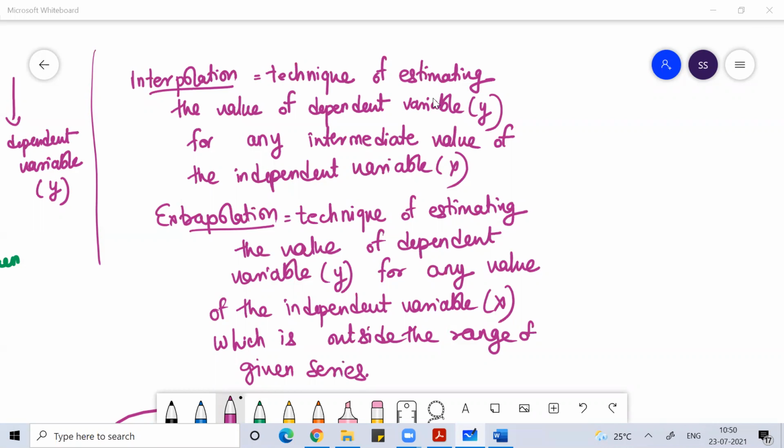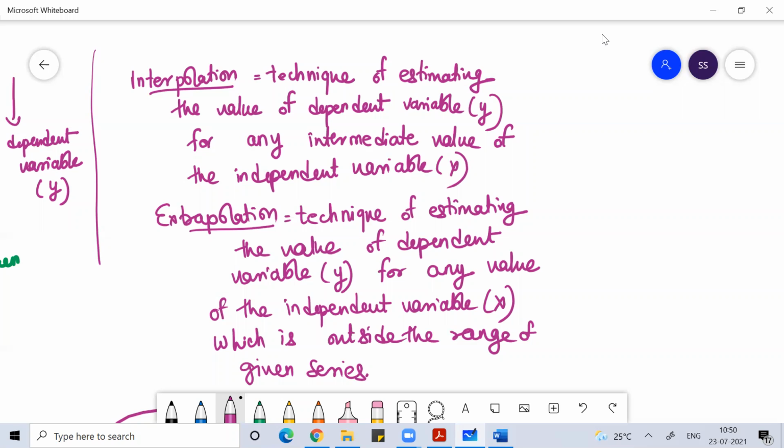Normally, guys, while finding the value by interpolation or extrapolation, we are trying to find the value of an unknown variable. So the objective in this chapter is to find the value of the unknown variable.